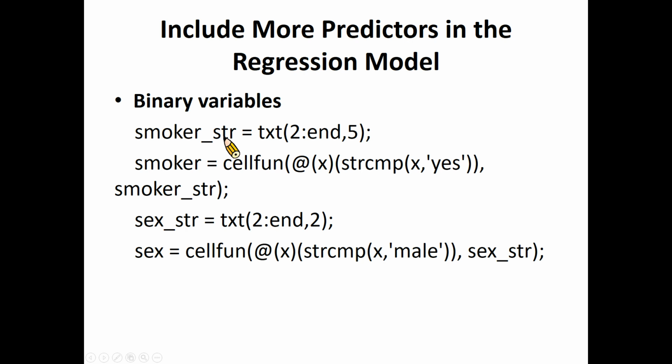Then we need to convert this smoking status into 0 and 1. To do this, the first thing we need to do is extract the string variable from the TXT output of the Excel CSV file.